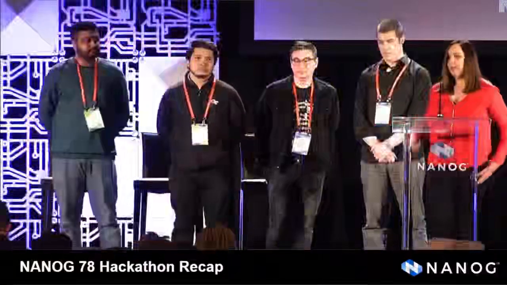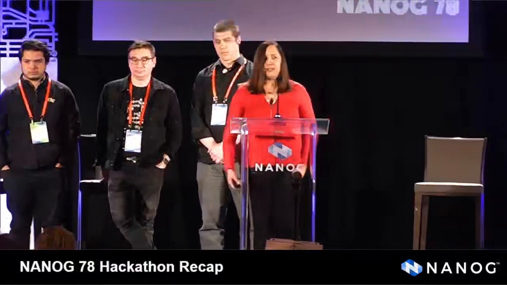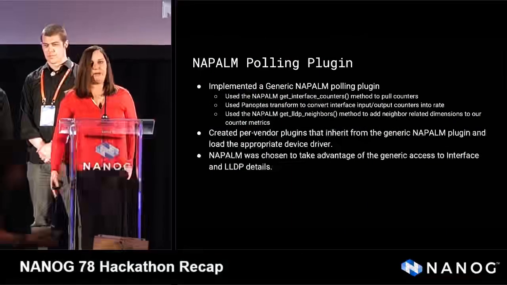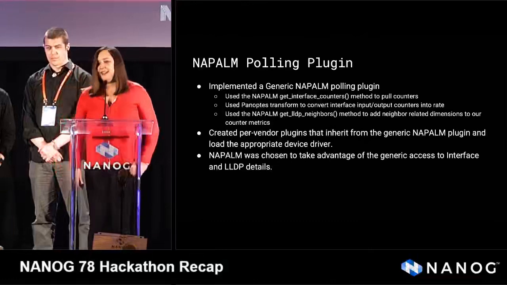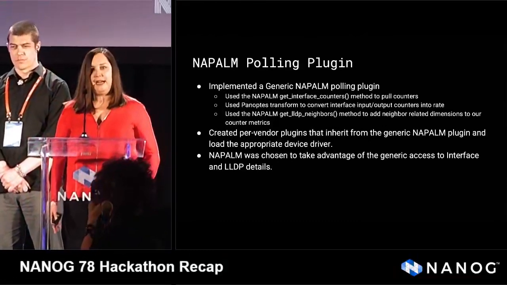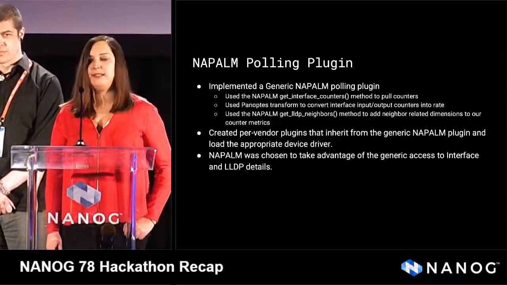So the first step was to write a polling plugin in APOM. The Panoptes team was kind enough to supply us with a starter plugin. So we took that starter plugin, and we used the get interface counters method in APOM to pull our interface metrics. We used some Panoptes built-in transforms to convert the counters to input and output rates.